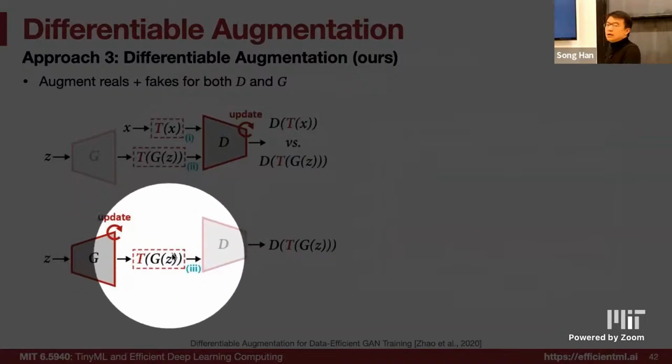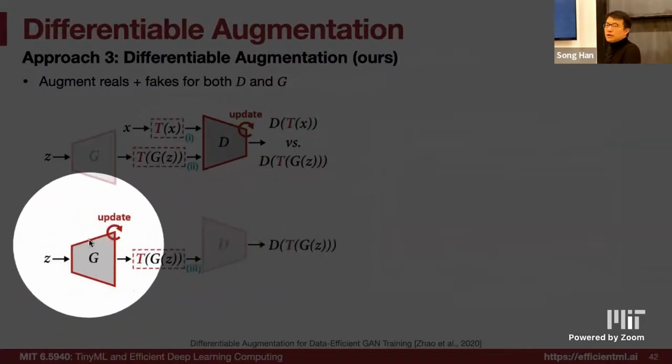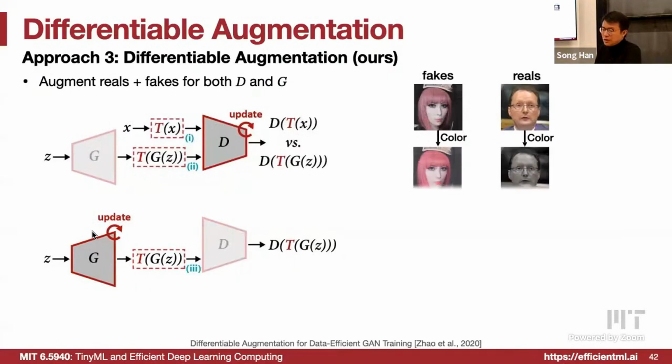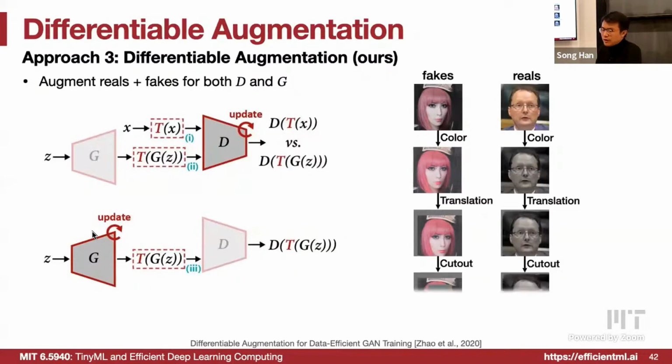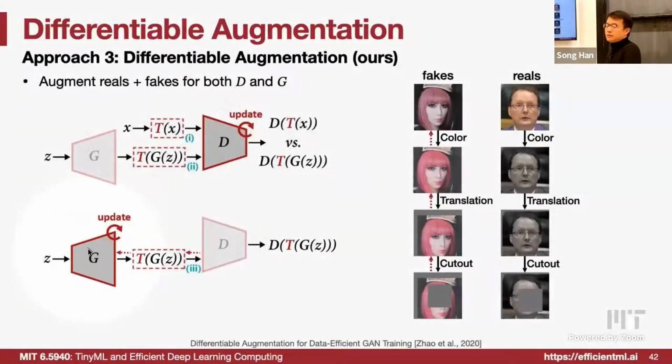Make sure it is differentiable, so the loss can back propagate all the way to the generator when we are training the generator. So make sure both the fake image and the real image are applied the same transformation, and for the fake generated image, it can also back propagate to the generator.